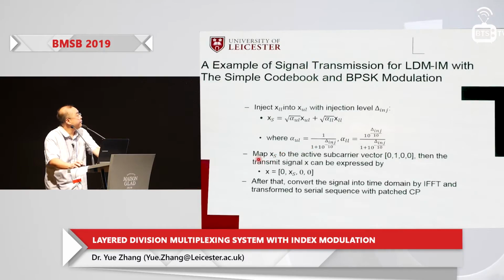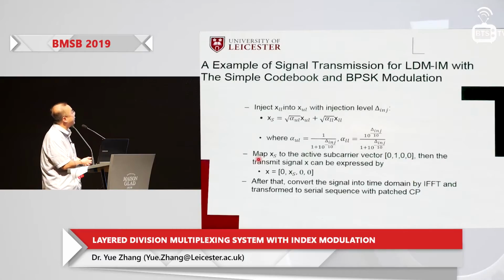Then we can map into the active channel. Because the active channel is selected based on the index modulation, now you can put your modulated LDM symbol into the active channel.